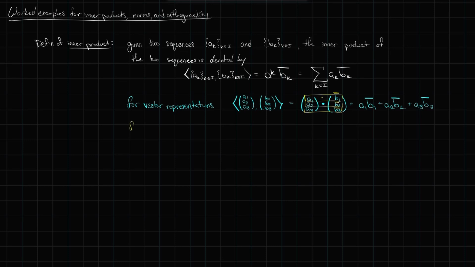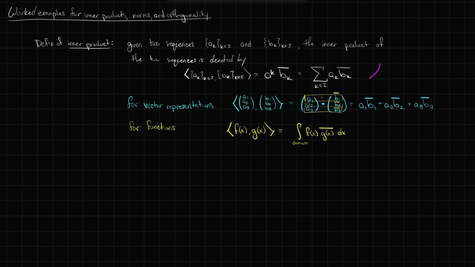And for functions, the inner product of f and g will be the integral over the domain, whatever the domain of f and g happen to be, of f of x times g of x conjugate dx. So this is really what we want to think every time we have inner products.